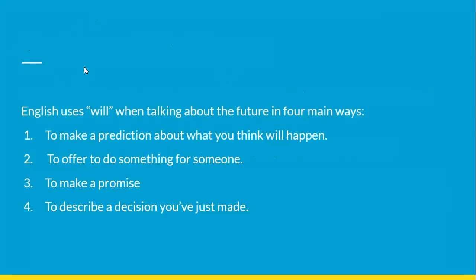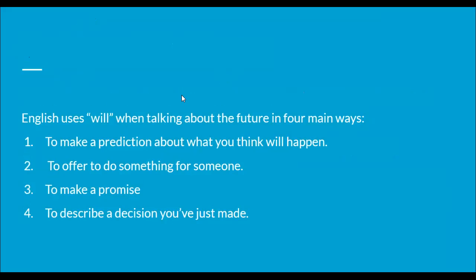Now, where is it used? When you use will in a sentence, what are you talking about? Why do you say he will do this, she will do this? Why do you use will? Where do you use will?